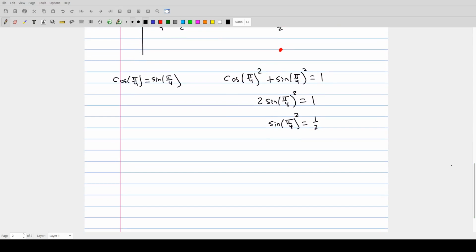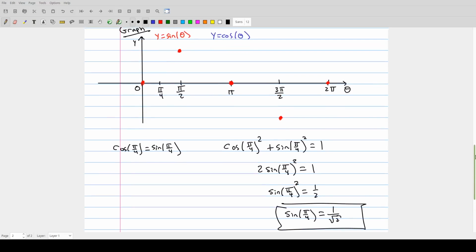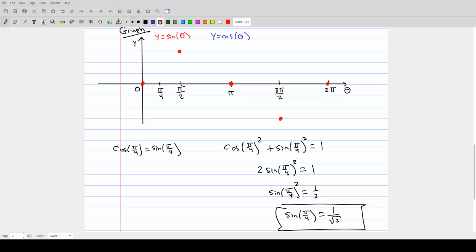And what this means is that you can go through and actually solve, and the only solution to this equation is that sine of pi over 4 is equal to 1 over the square root of 2, which is about right here.